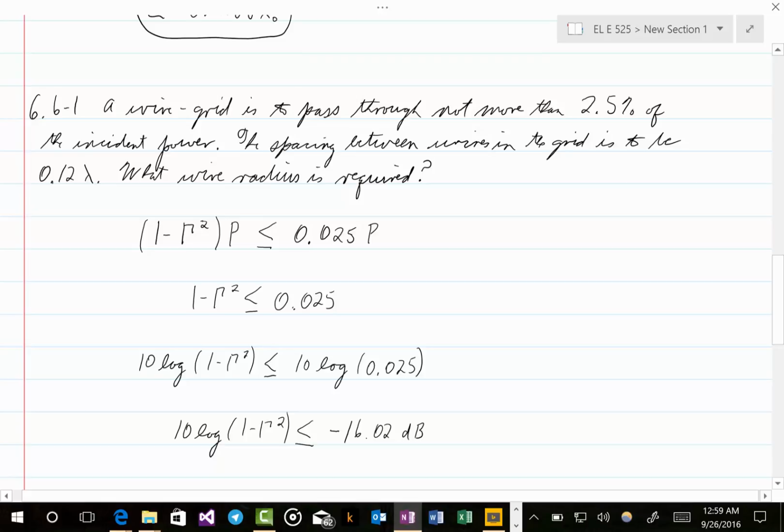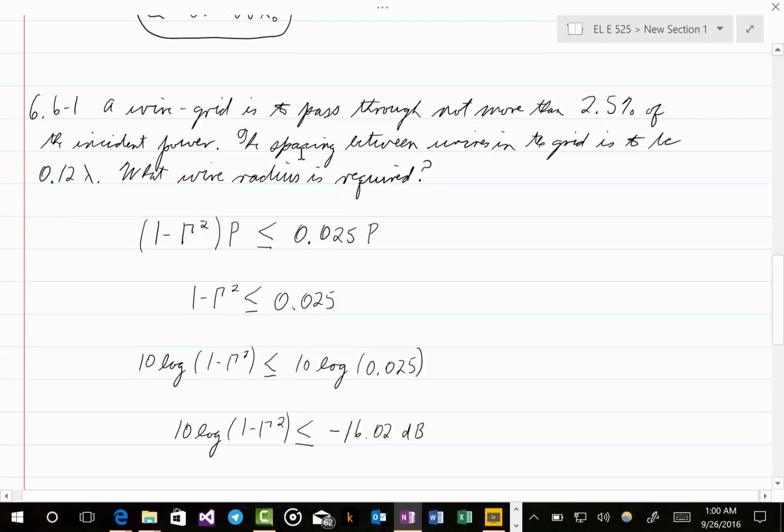We only want it to pass through 2.5% or less of the power that's incident on that grid. So we want 97.5% or more of that power to be reflected. Now it tells us furthermore that the spacing between the wires in the grid is to be 0.12 lambda, and so what wire radius is required?